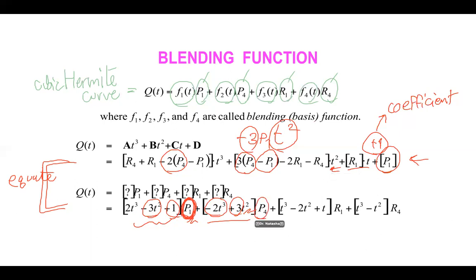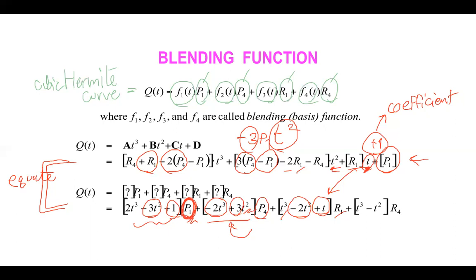Okay, this is the coefficient for P4. And how about R1? R1 is plus 1 T raised to the power 3, minus 2 T square, and then R1 plus 1 T. We have T here, plus 1 T.